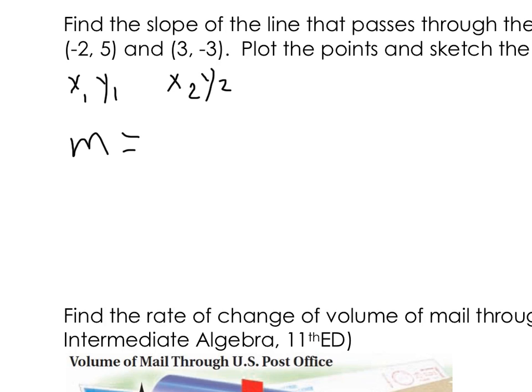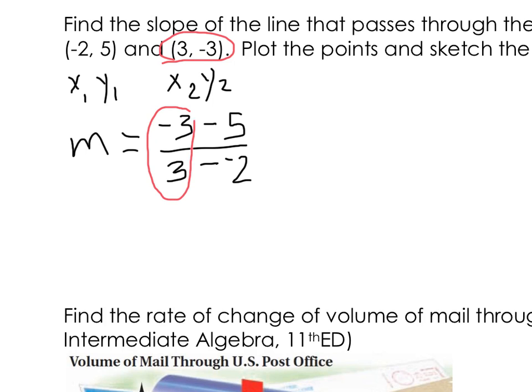So our slope is going to be y2 minus y1 over x2 minus x1. Just make sure that 3 and -3 are in the point together, and that -2 and 5 are in the point together.